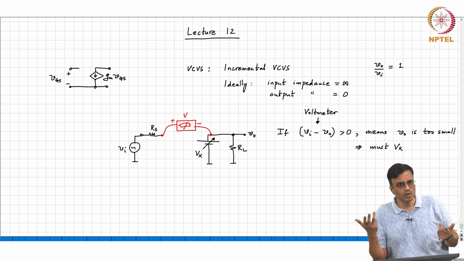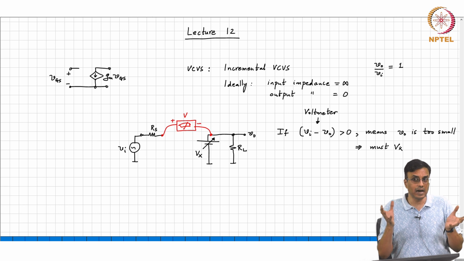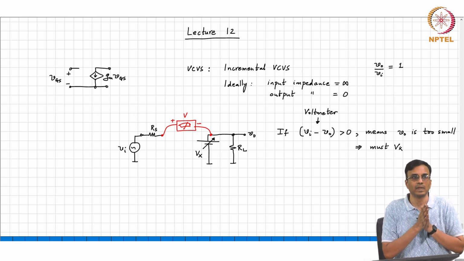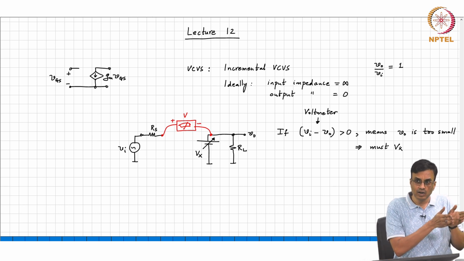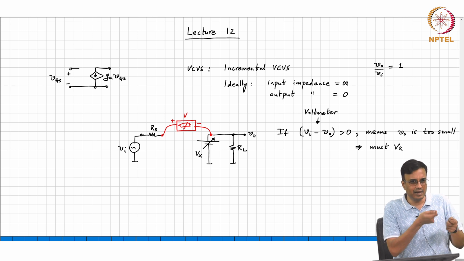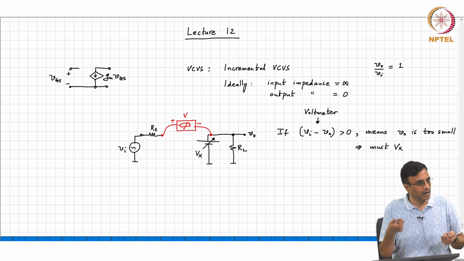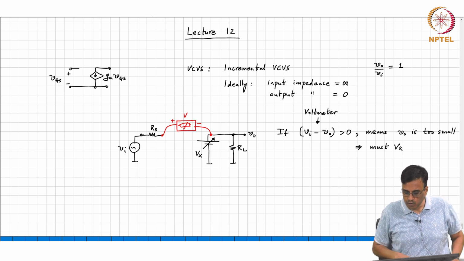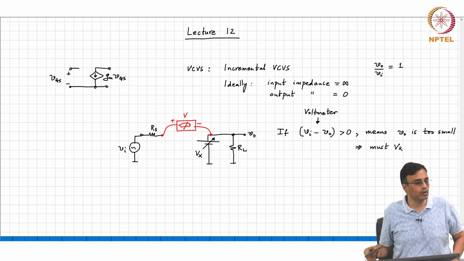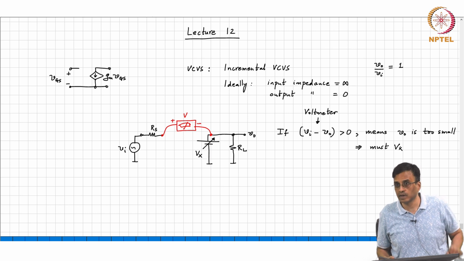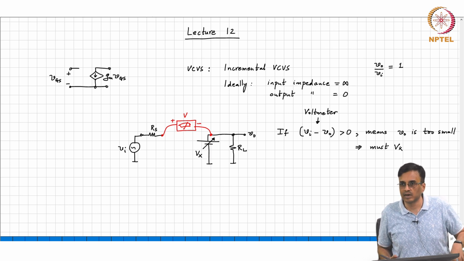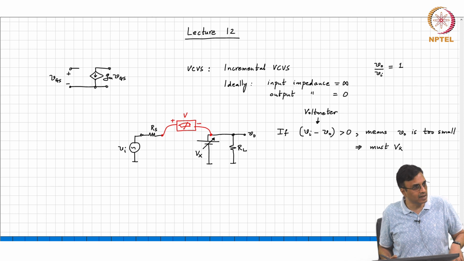The other way is to pump a current. And why are we interested in pumping a current? Because our transistor is an electronically variable current source, correct. So we like to use a variable current source because we are talking about eventually using transistors.